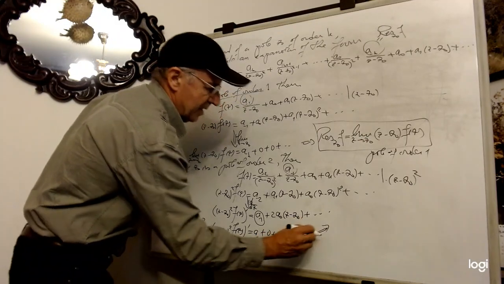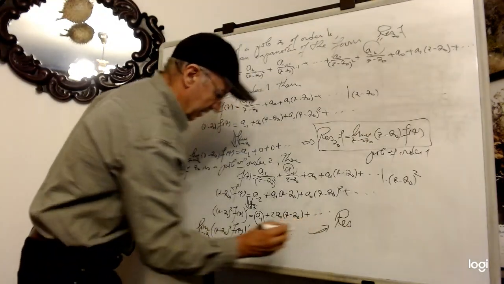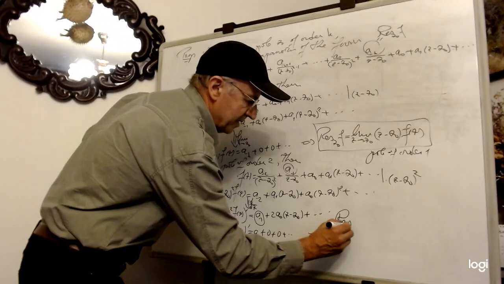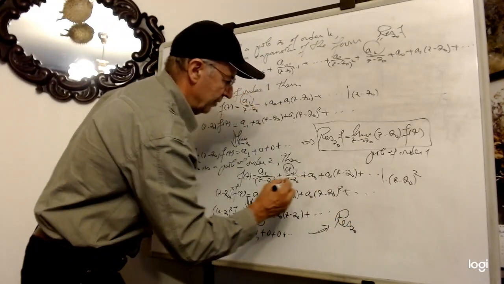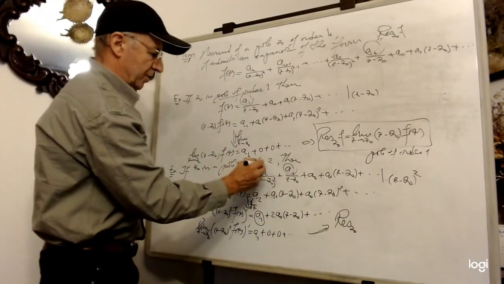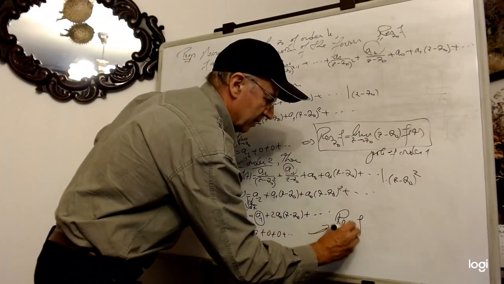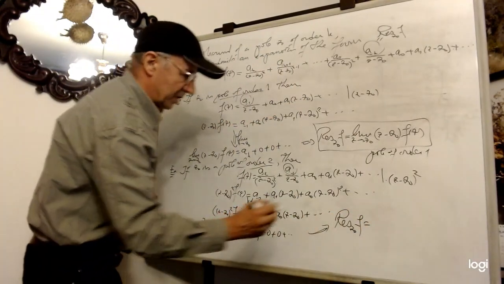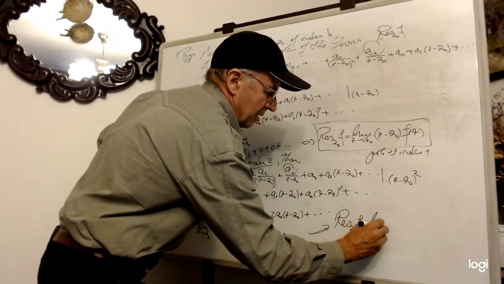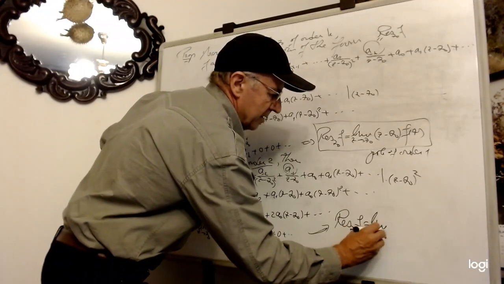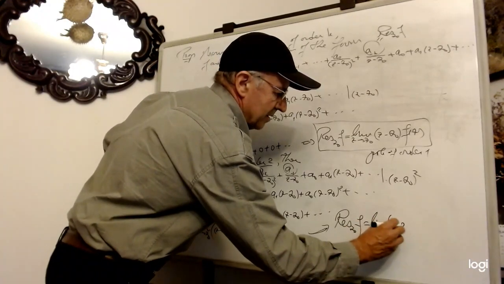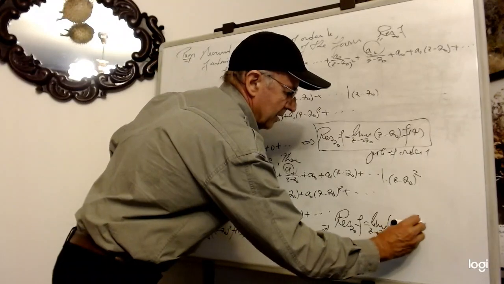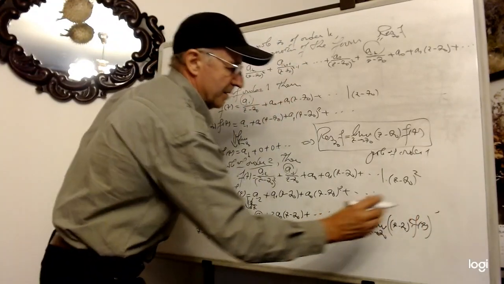So we get the following formula: the residue at a pole of order 2 can be computed as the limit for z going to z0 of the derivative of (z - z0)^2 f(z).